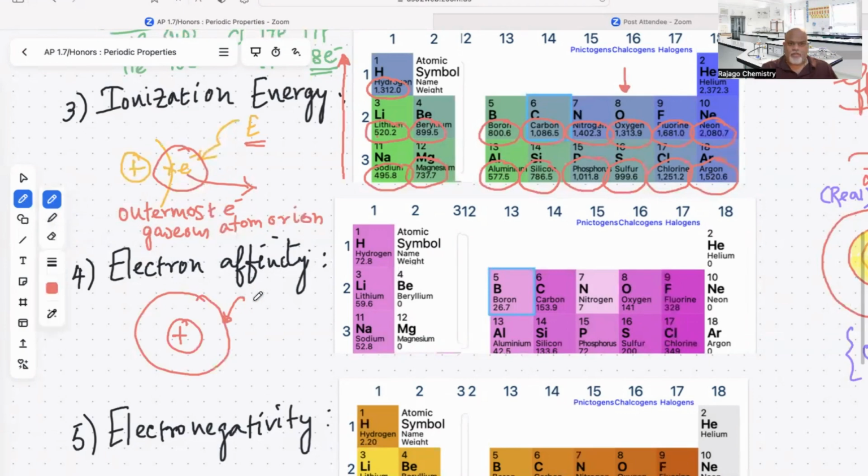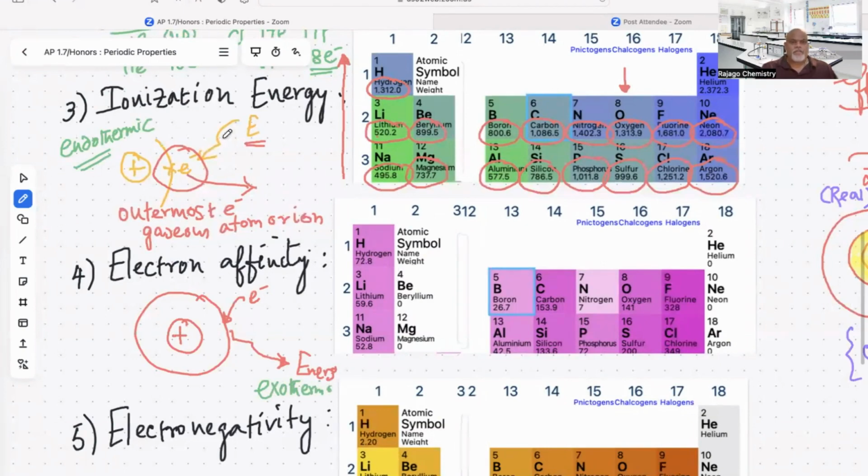So this process is an endothermic process because you are spending energy. Here, this is an exothermic process because the energy is released.